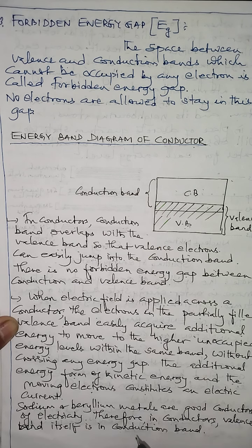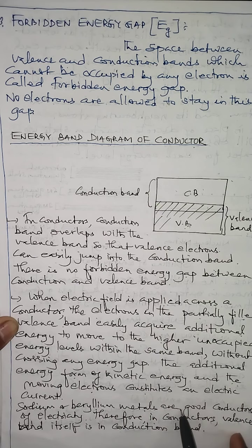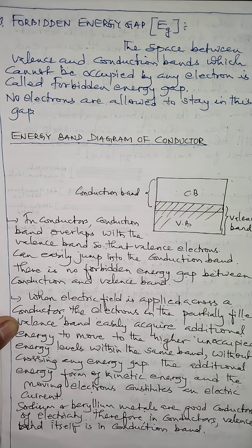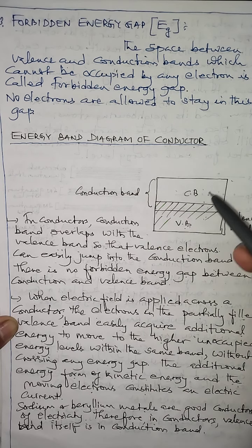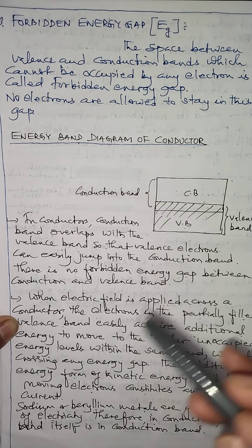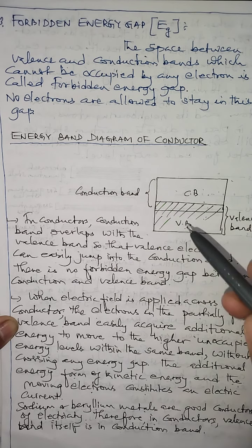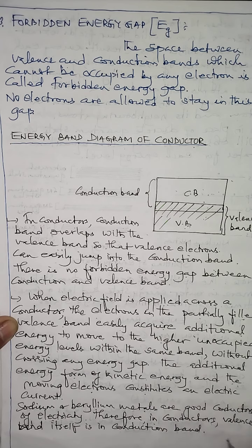Now, there are many metals which are called conductors, like sodium and beryllium. These are commonly used metals which are good conductors of electricity, because there is no energy gap between the conduction and valence band, and electrons in the conduction band can easily move across the length of the conductor when it is connected to the electric field. That's why in conductors, the valence band is itself the conduction band.